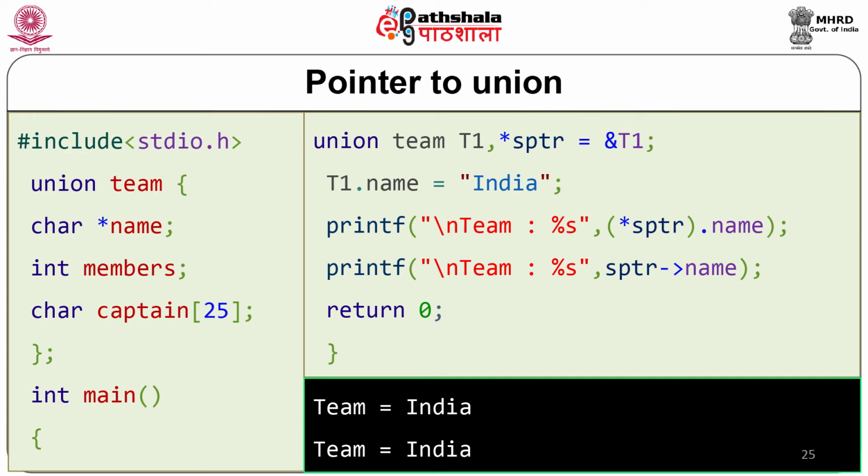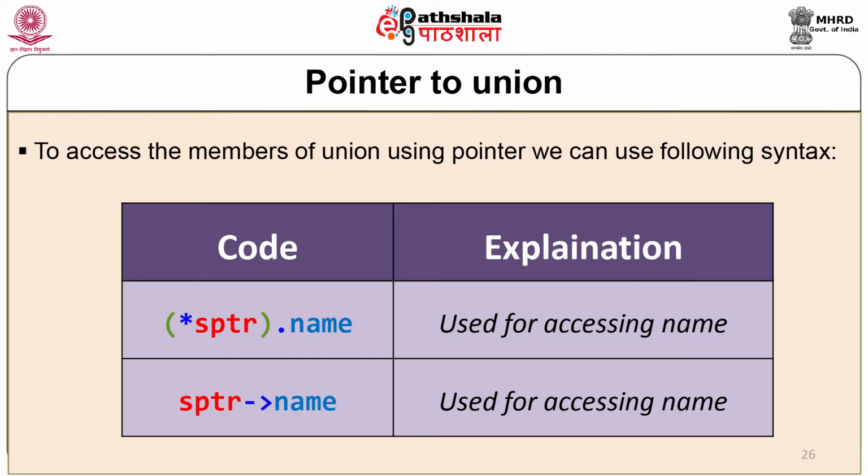Accessing members: in order to access the members of a union using a pointer, we can use the given syntaxes. First code: star SPTR dot name is used for accessing name.